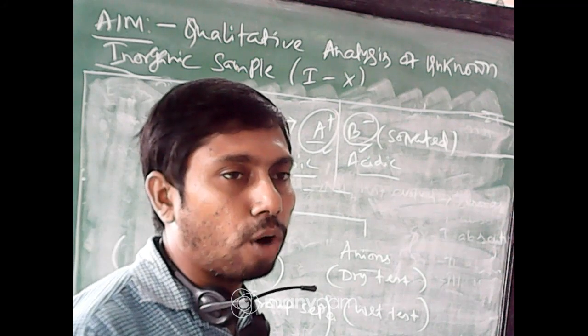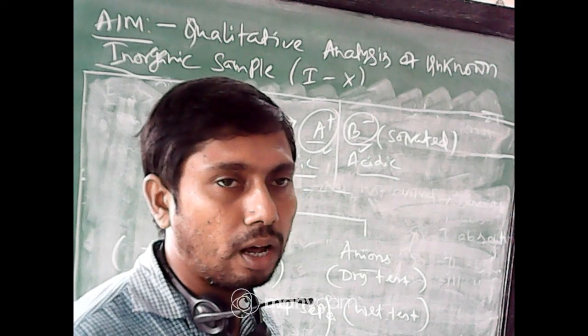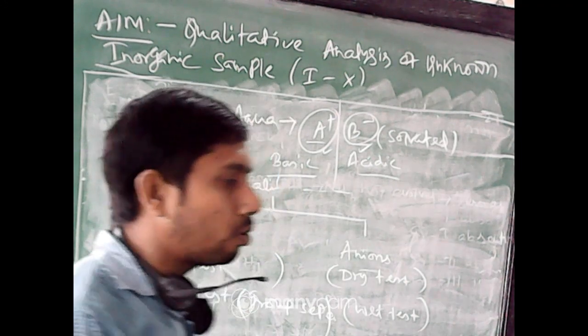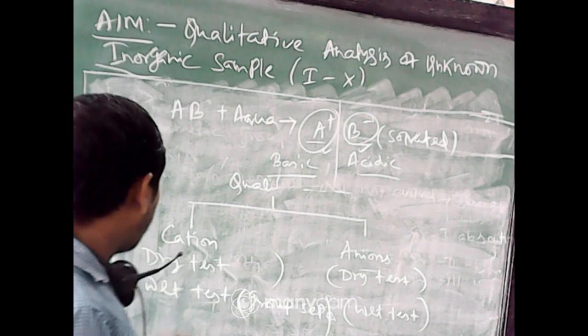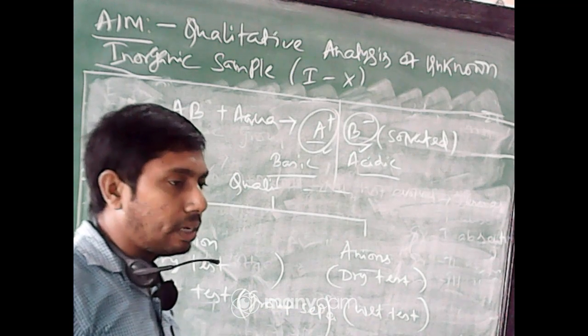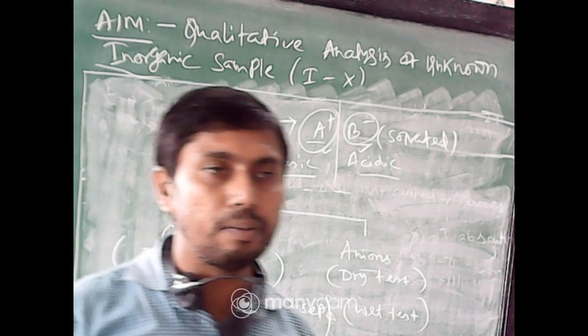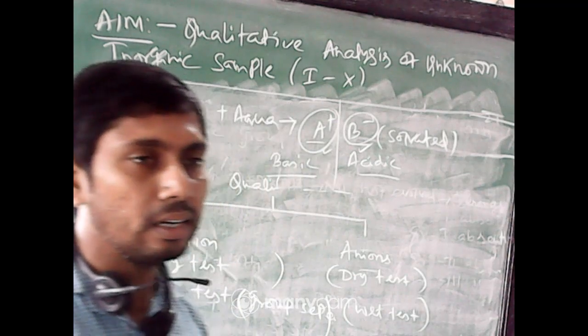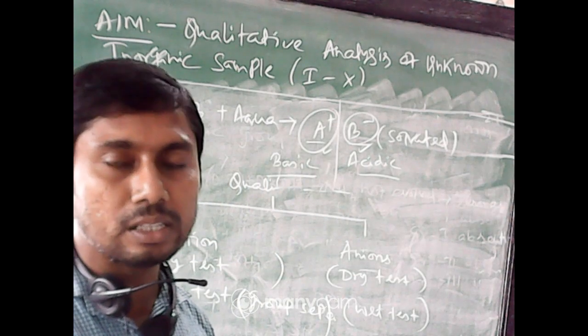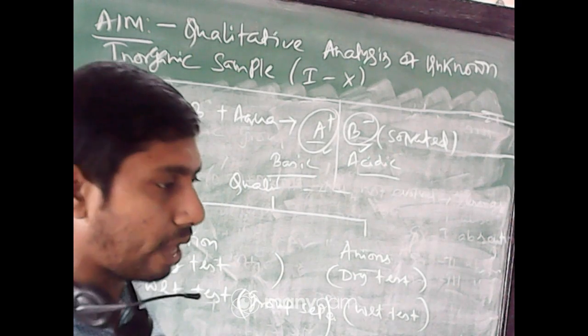So this type of may-be-present conclusion comes out from the dry test. Now the wet test gives you the confirmative idea regarding the presence or absence of a particular cation or anion.